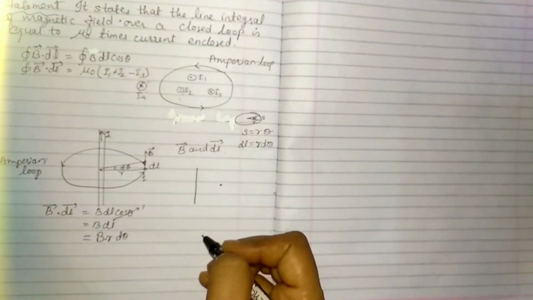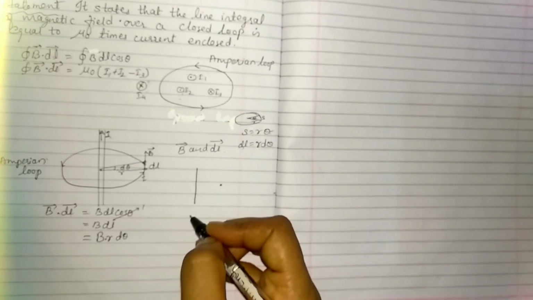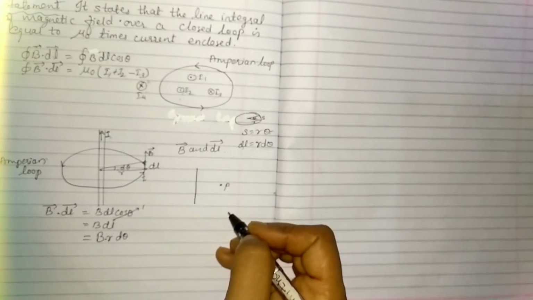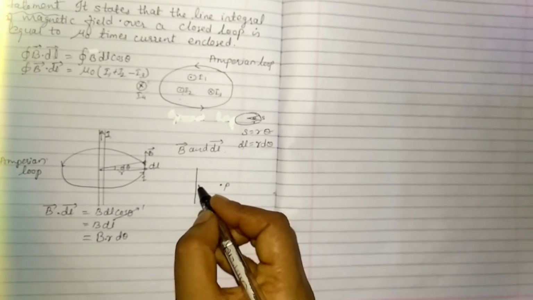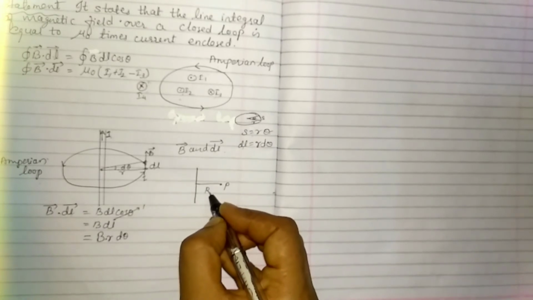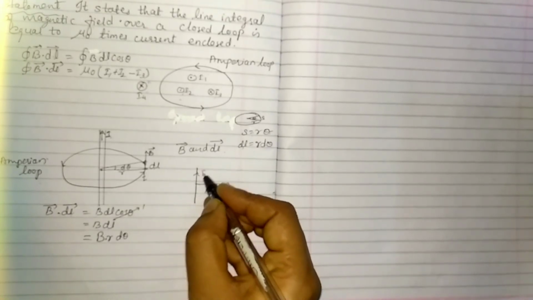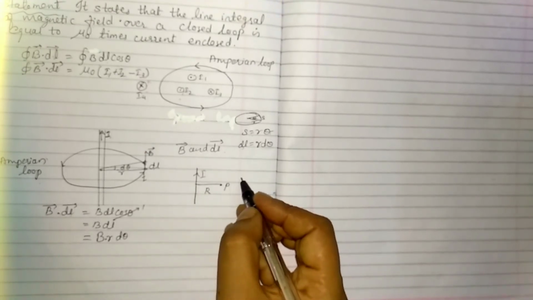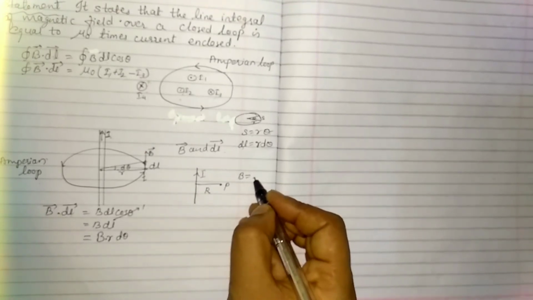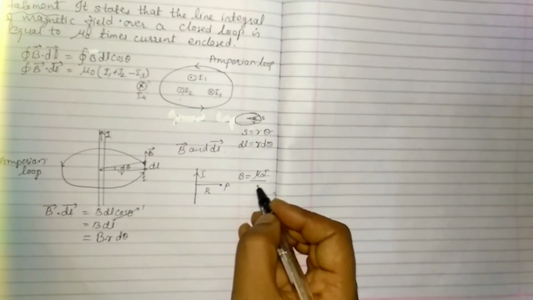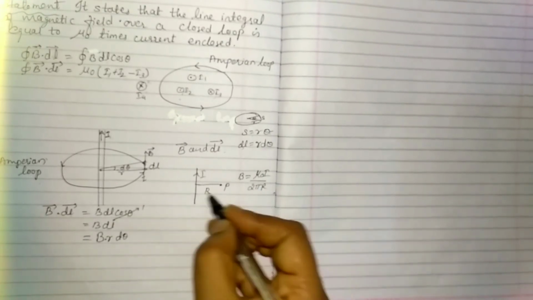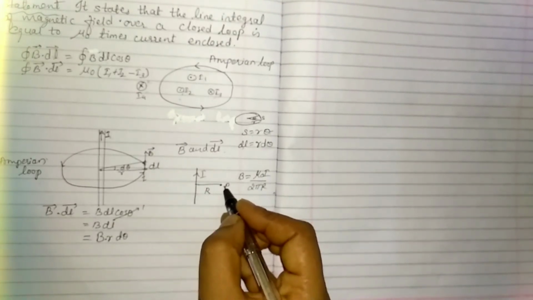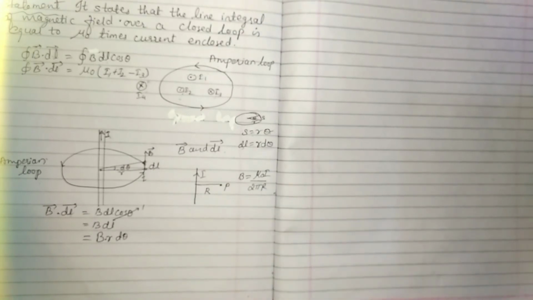If this is the current carrying conductor and you want to determine the magnetic field at the point P, at the distance r, then what you have studied in Biot-Savart's law, we have found that B is equal to mu naught I divided by 2 pi and the distance between that current carrying conductor and the point P.